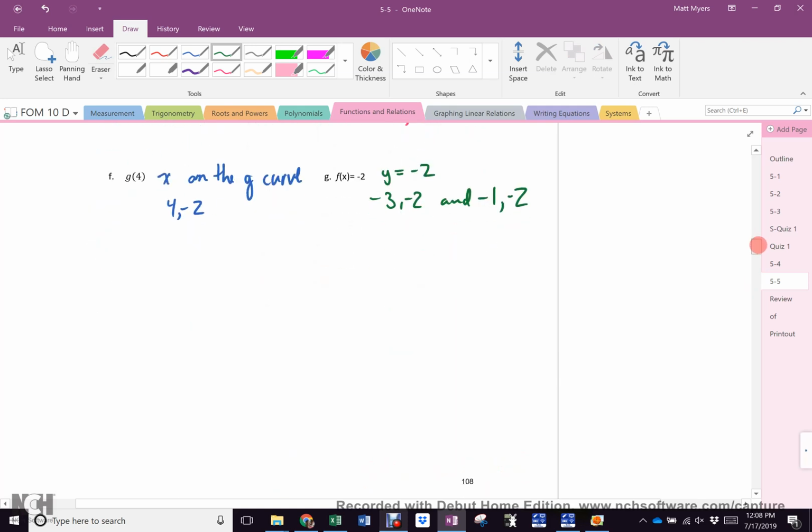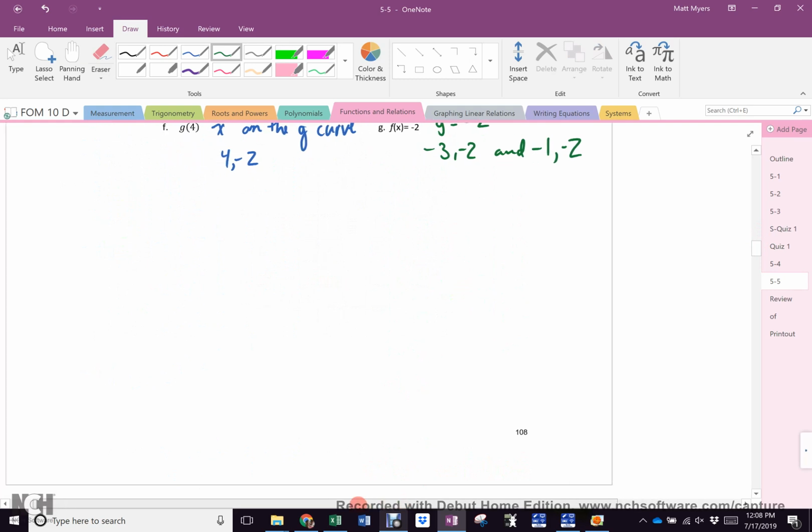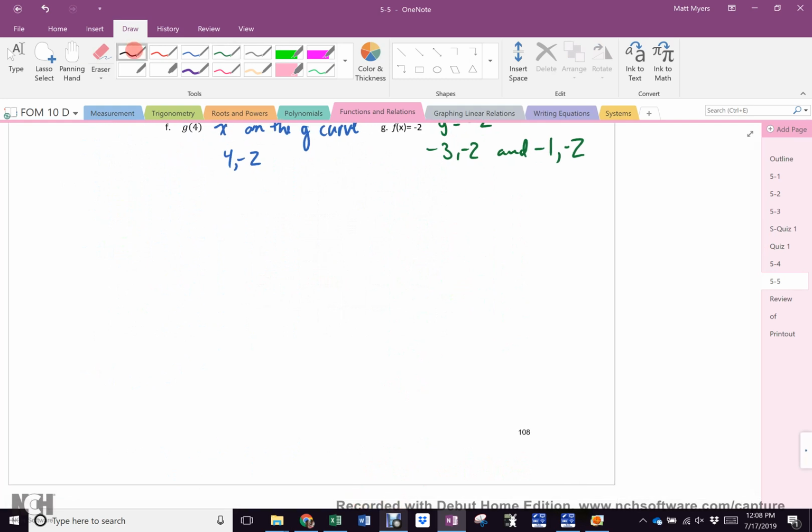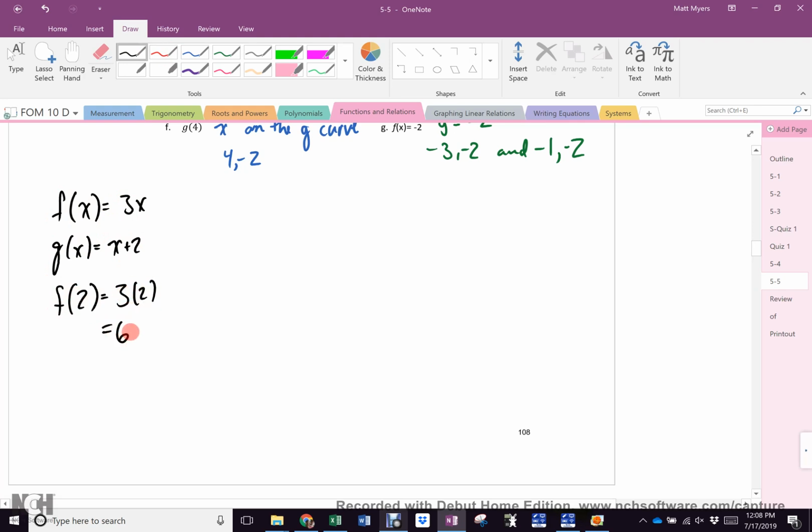Alrighty, now lastly, functions can get a little messy. For example, f of x equals 3x, g of x equals x plus 2. If I wanted the f of 2, that would equal 3 times 2, which would equal 6. If I wanted the g of 4, that would give me 4 plus 2, which would give me 6.